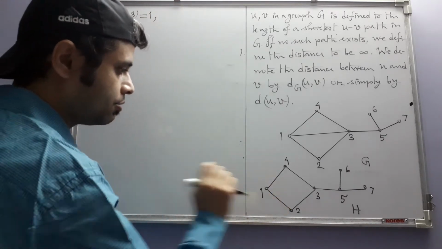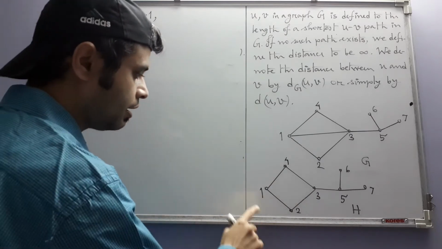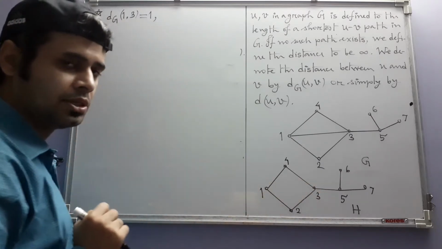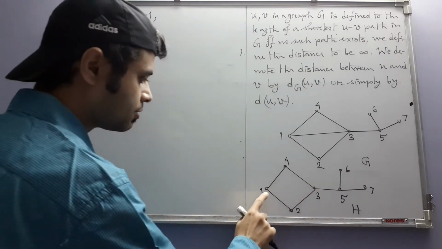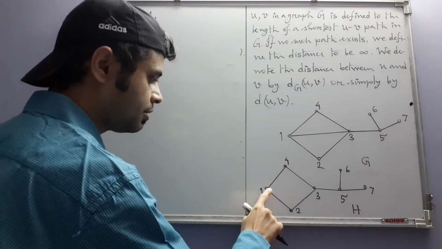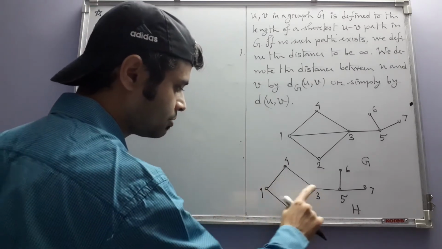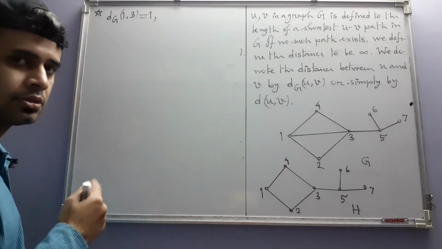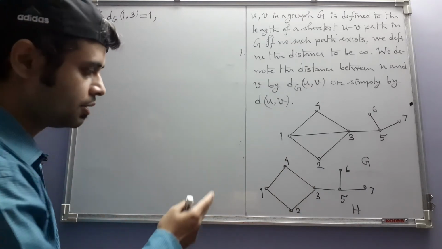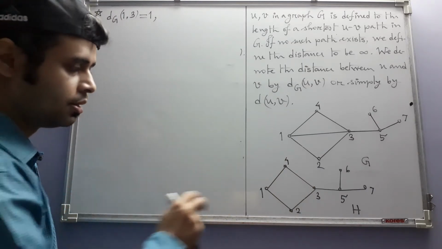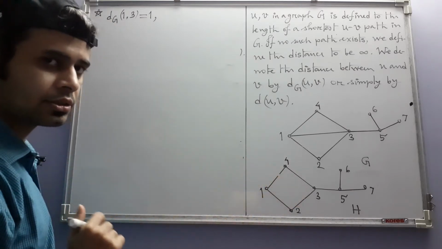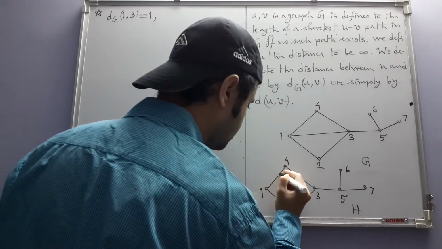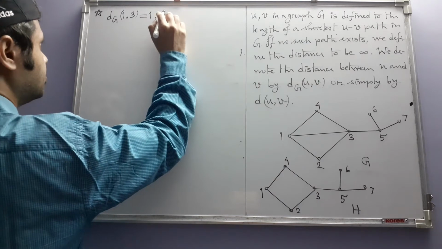However, if we look in H, then here that path is missing. So here we have to only consider these two paths 1 2 3 and 1 4 3. So in H, the distance between 1 and 3 will be 2, because that is the shortest possible length of any path joining 1 and 3.